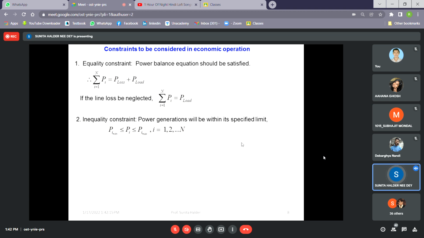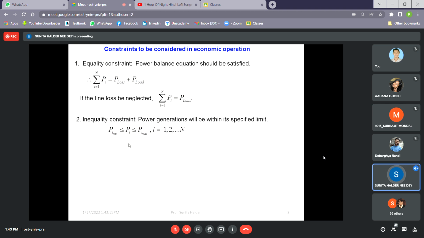Economic load dispatch is a numerical problem, and by mathematics we can solve anything, we can get any value. But when we are applying it to a technical problem, we have to decide by our judgment whether the solution is feasible or not. So if, by solving an economic load dispatch problem, we get generations less than the scheduled generation of a particular unit, or more than that, then that generation is not feasible.